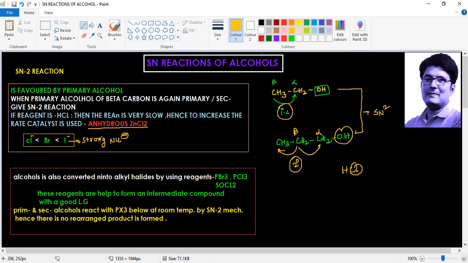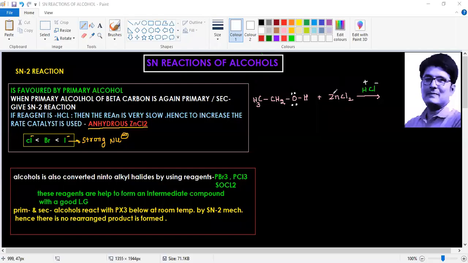Based on this, I would like to give one example. This is a primary alcohol example, with an alpha carbon and beta carbon. The beta carbon should be primary or secondary. Here it is primary, so it follows SN2, isn't it?